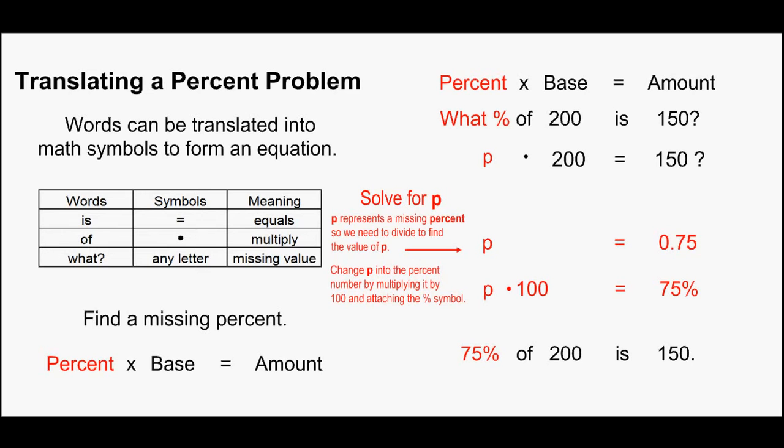Again, because we're missing a factor, the percent, we're going to use division. 150 divided by 200 equals 75 hundredths. P equals 75 hundredths. Again, to change P into the percent number, we multiply by 100 and attach the percent symbol. 75%. 75% of 200 is 150.